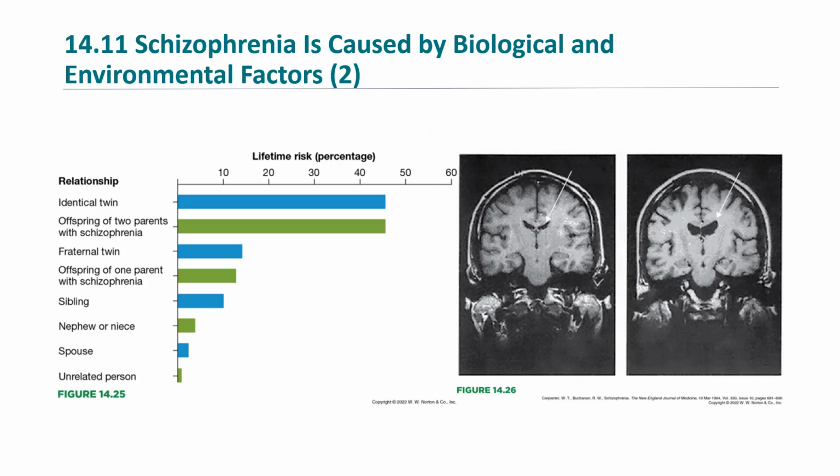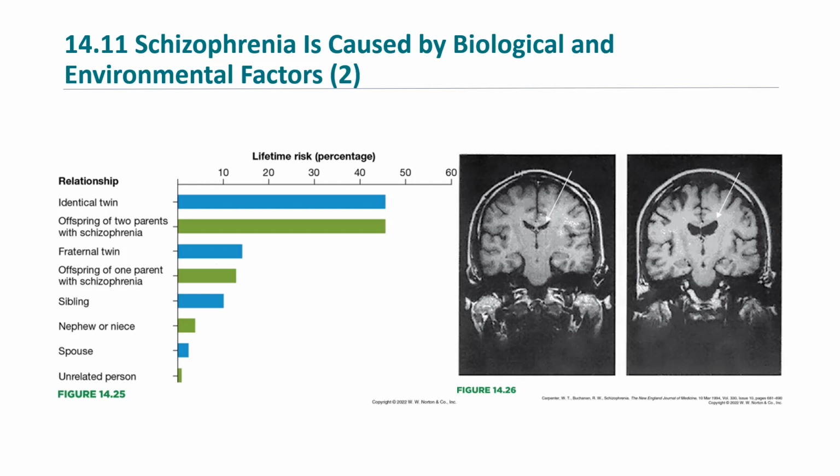In this graph, you can see that a person is more likely to develop schizophrenia the more closely related they are to somebody that has it. This is certainly evidence that it at least partially has a genetic basis.